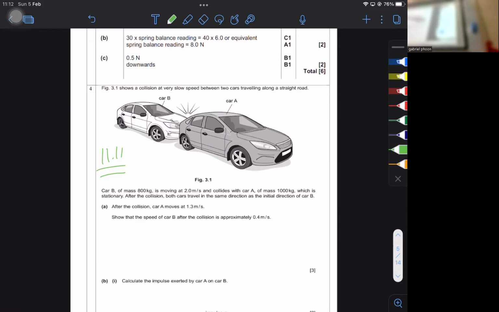Hey, you derive the possible momentum using the equation and we didn't define.